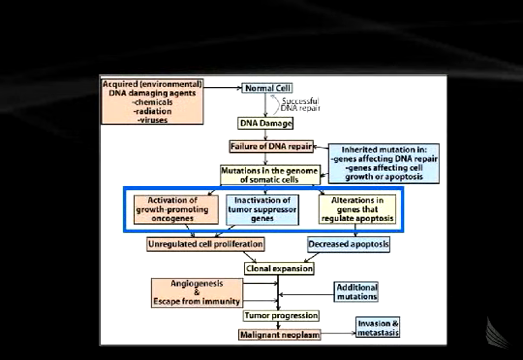Now we come to the complex balance that must be maintained between the activation of growth-promoting oncogenes, inactivation of tumor repair genes, and alterations of genes that control apoptosis. These represent some of the classes of genes that have to be damaged for a cell to become carcinogenic, clonally expand, and lead to the development of a malignant tumor.